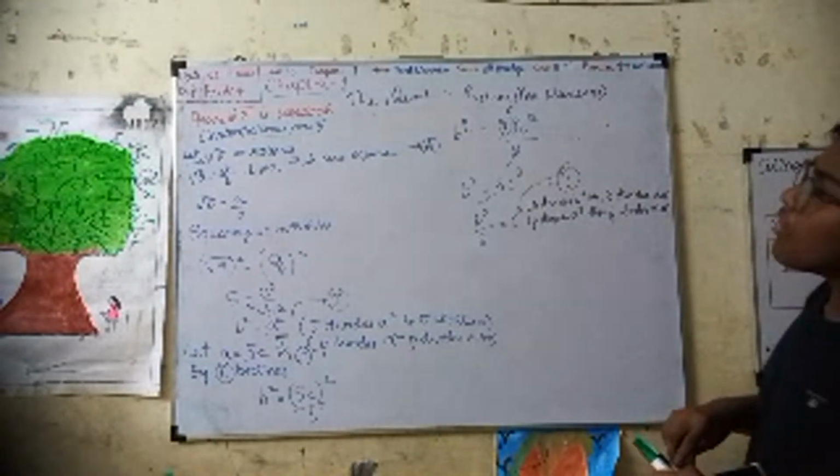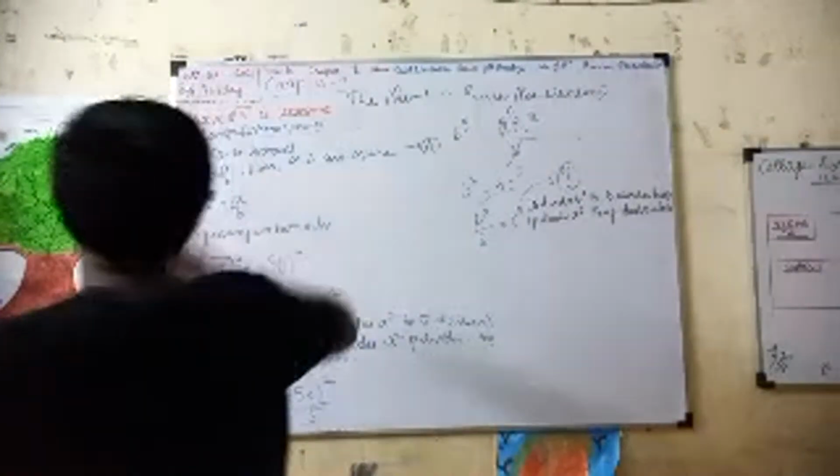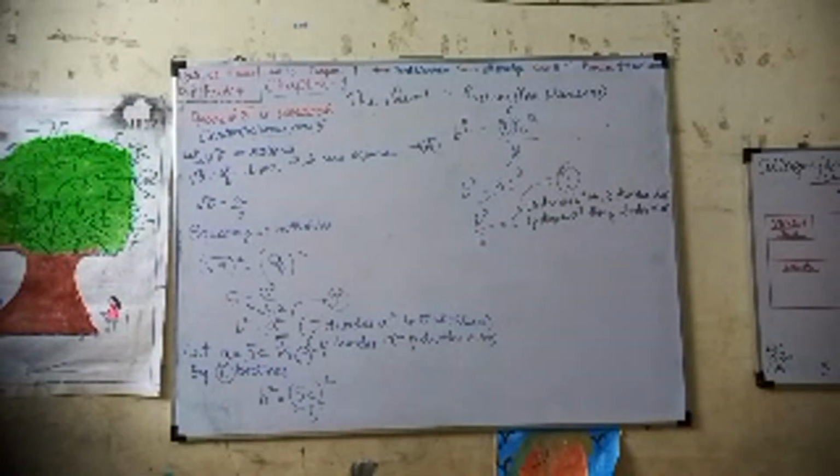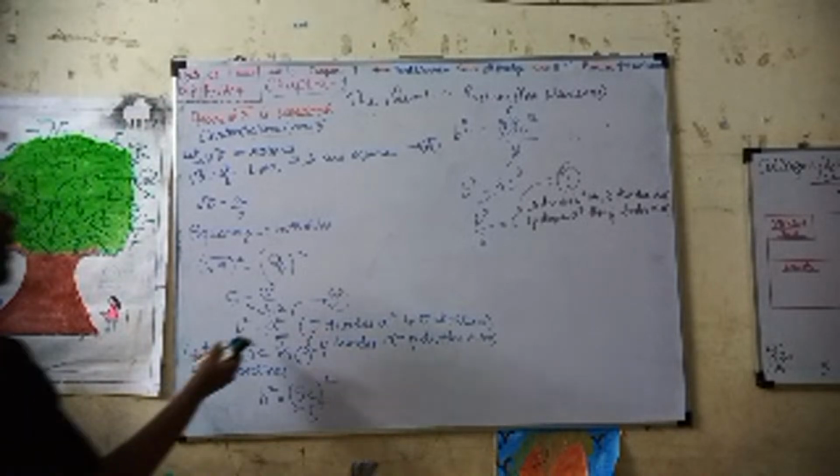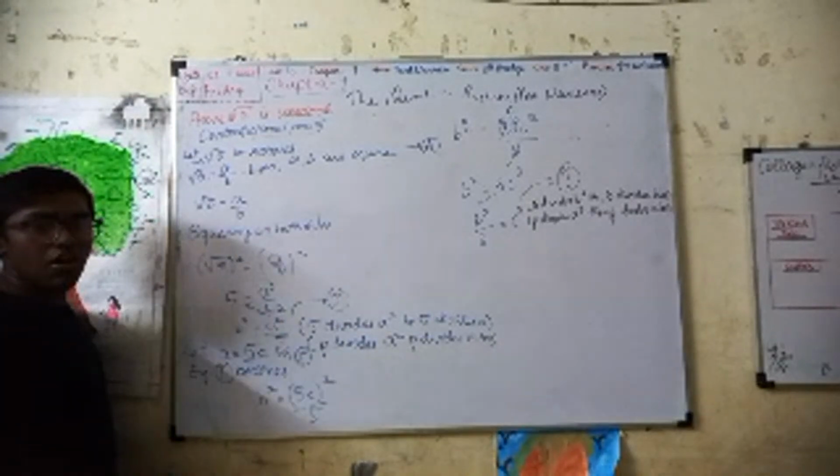Now we said that a and b are co-prime. Co-prime means the numbers' highest common factor is 1 and only 1. But after doing some steps, we found that 5 is a factor of a.